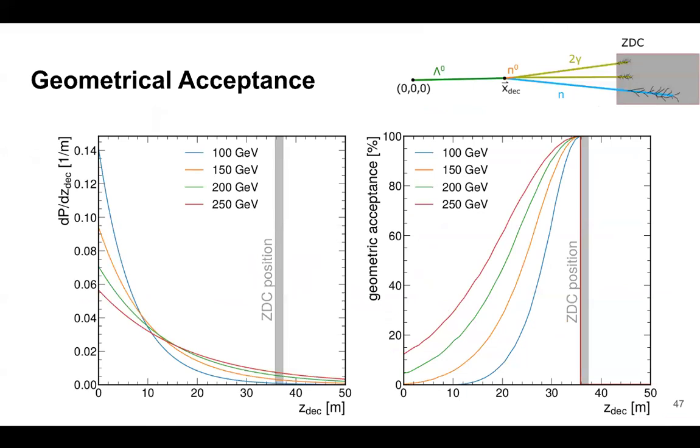So you see that at 100 GeV, the XF will depend on the beam energy, but let's say the beam energy is 250. You do have some acceptance with XF of 0.5, but it's not a lot, because that's the blue curve. We only pick the ones that are close to the ZDC. We are much more sensitive to the ones with XF closer to 1.